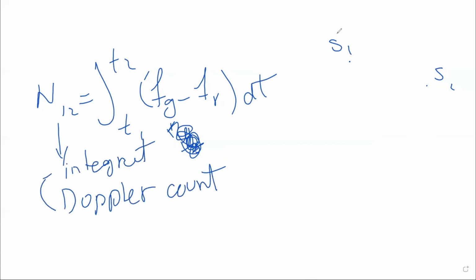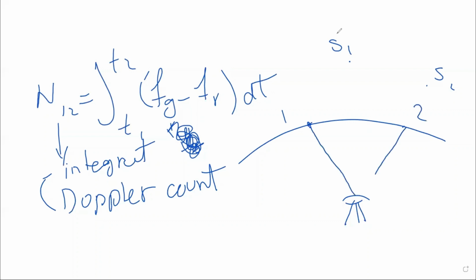What does it mean? If I have a receiver here and I have a moving satellite from position 1 up to position 2, and they send signals continuously to the receiver during T1 and T2, then I receive this FR, and then Fg is generated inside the receiver itself.